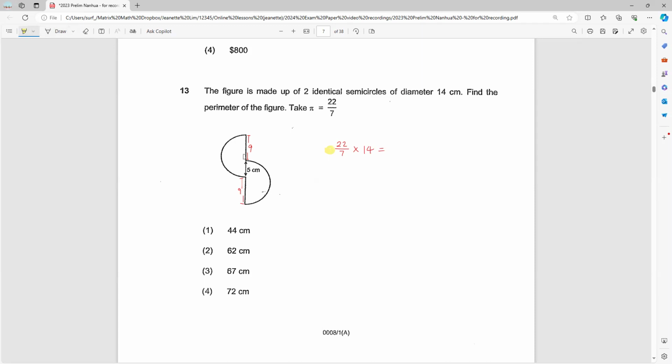So here I'm finding the combined arcs of the semicircles, which will give me a full circle. So I just find a full circle straight away, which is 44. Then I'll add the straight lines, which is 9 and 9. This will give me 62. So answer perimeter is 62 cm.